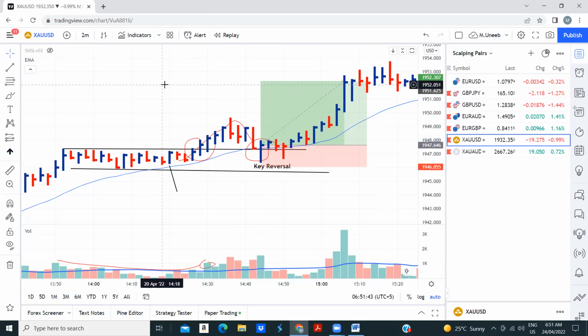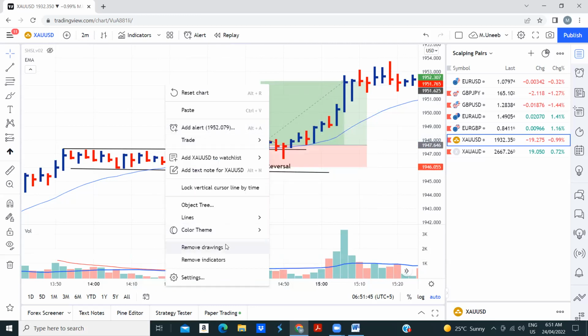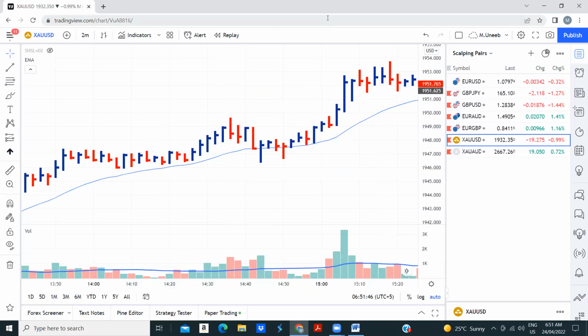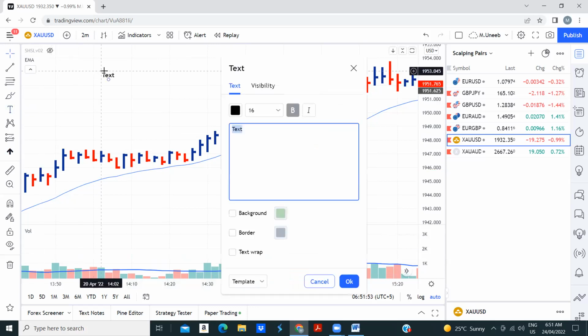Now, let's go for another one. As I told you, when accumulation and reaccumulation have a similar volume structure, similarly, distribution and redistribution will have similar volume.